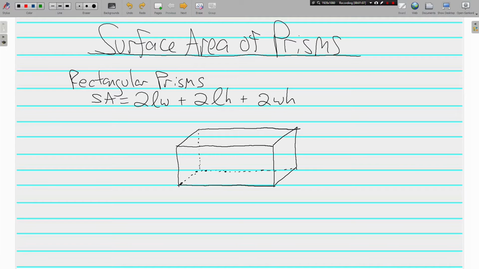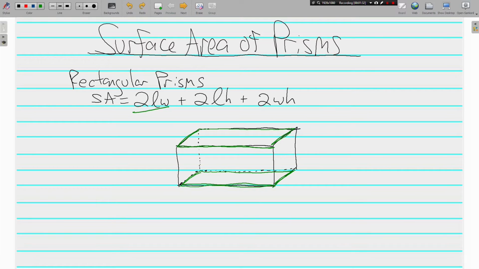Let me switch to green here. We know in a rectangular prism that there are 3 pairs of opposite, parallel, and congruent faces. Okay, so here's one pair.